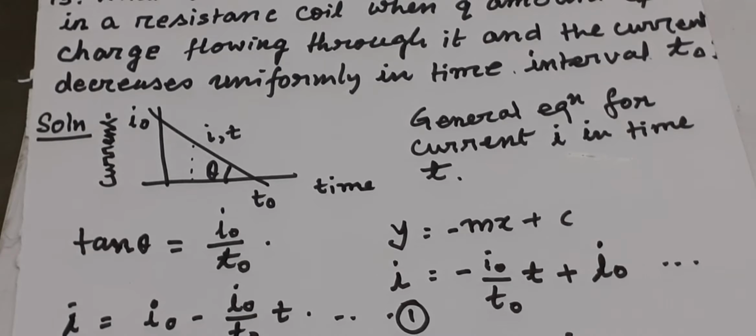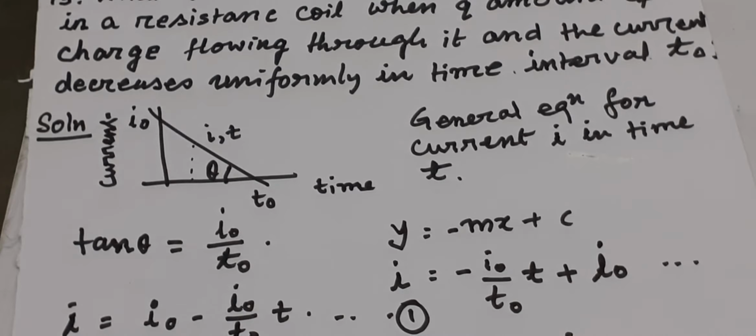Now for this type of plot, initially say current is I naught, after time t naught it will be 0, and it decreases linearly, uniformly, as given in the question. From this plot, you can first find tan theta, taking theta as the angle shown in the diagram. I naught by t naught will come.